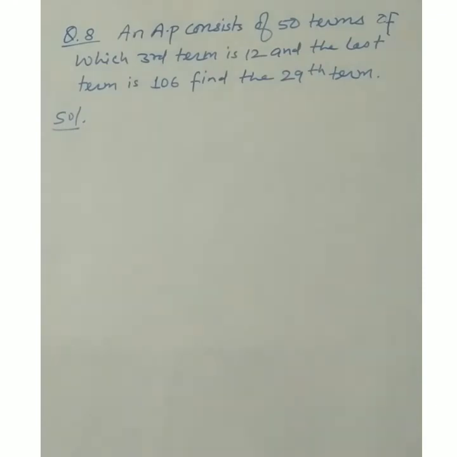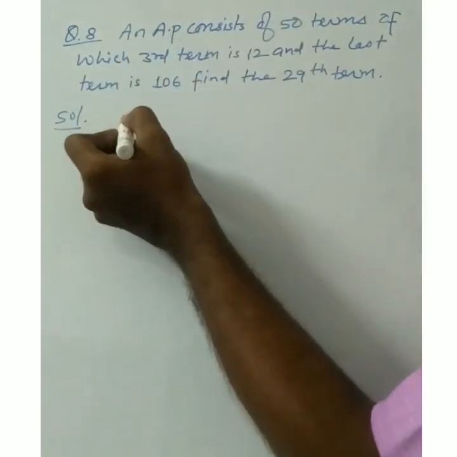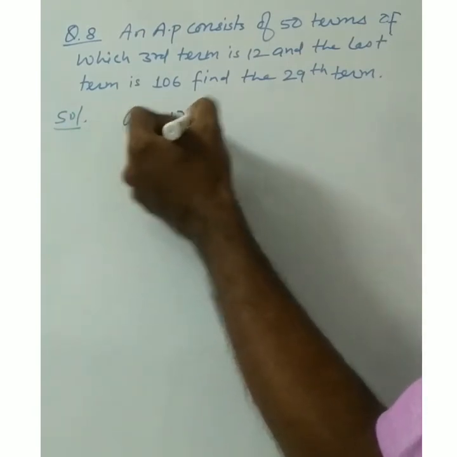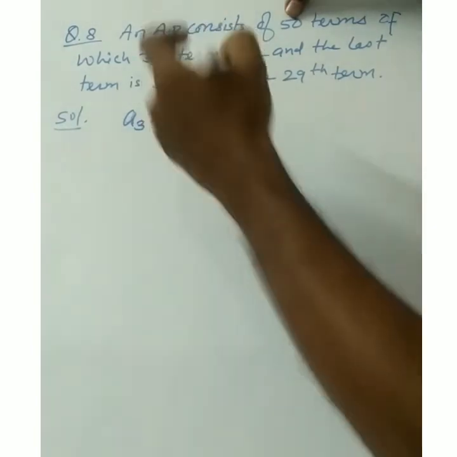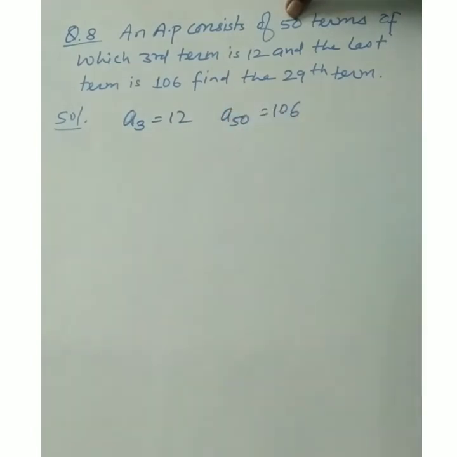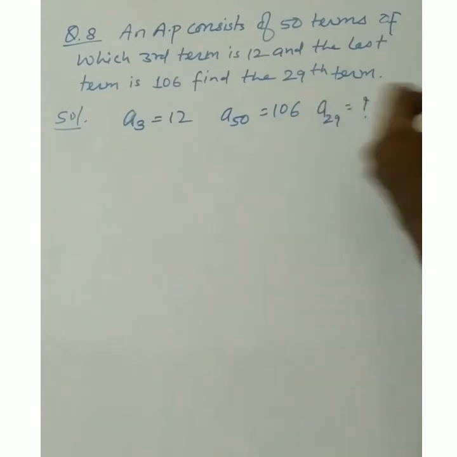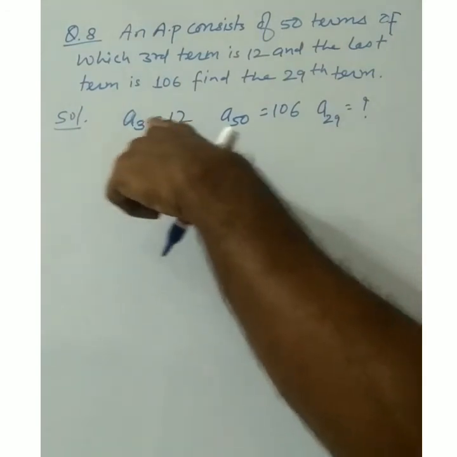Here it is given an AP consists of 50 terms. There are overall 50 terms in AP, whose third term is 12. Third term means A3 is equal to 12. Last term, since we are having 50 terms, will be the 50th term, which is 106. 29th term, A29, we have to find out. Now here it is given A3 is 12.